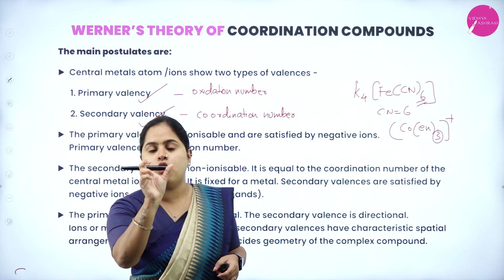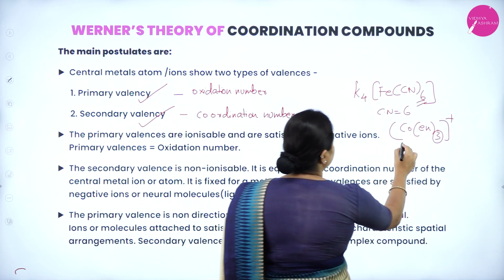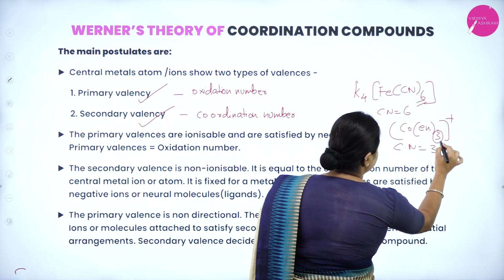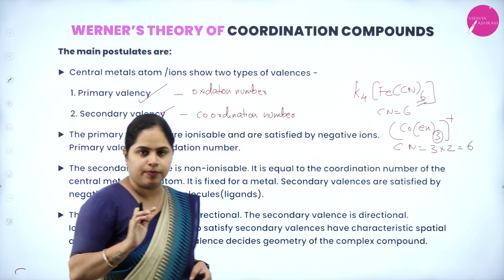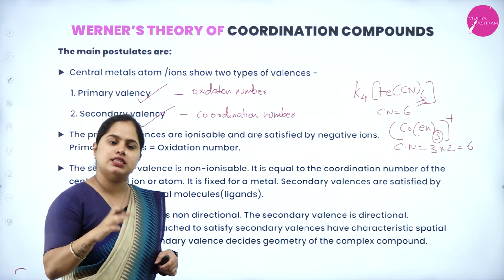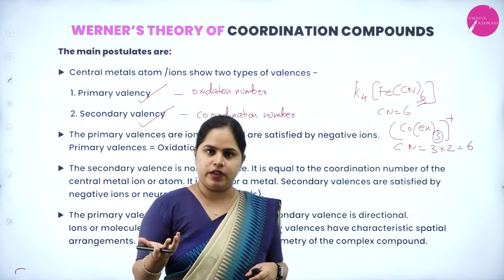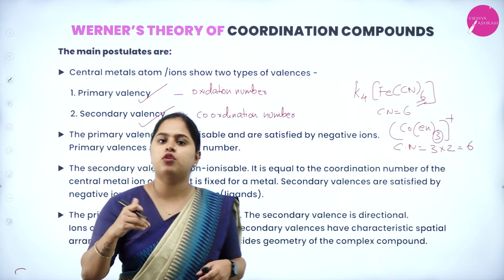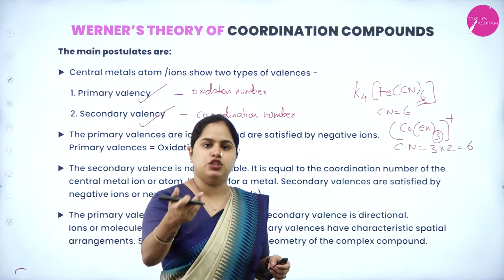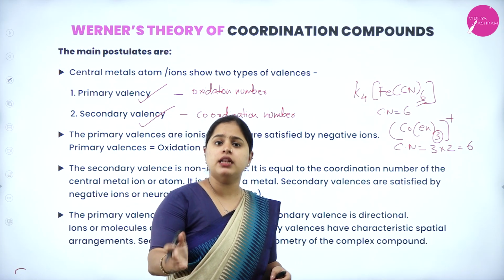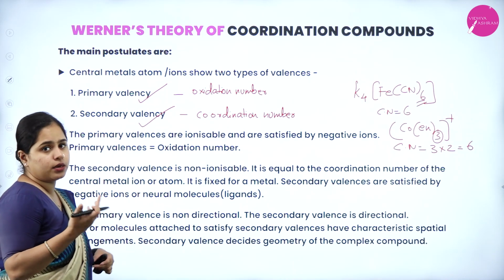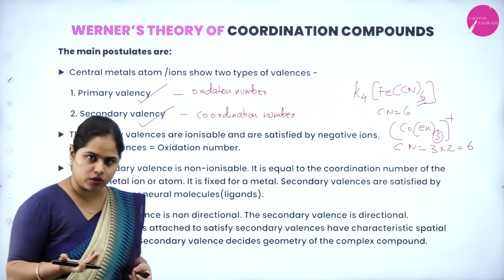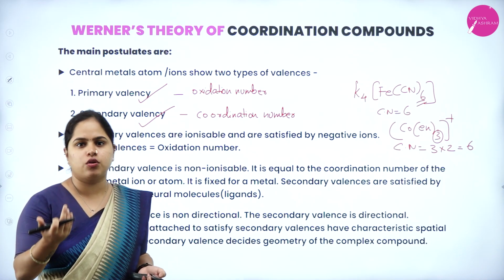That bidentate point also has to be considered, and that 2 is because it is a bidentate ligand. If it is monodentate, it is exactly equal to the number of ligands itself. If it is bidentate, you multiply the number of ligands by 2. If it is hexadentate, you multiply the number of ligands by 6. I hope it is clear. So this is what is meant by primary valency, which is equal to the oxidation number, and secondary valency, which is equal to the coordination number.